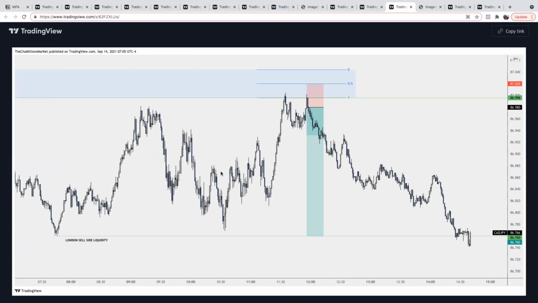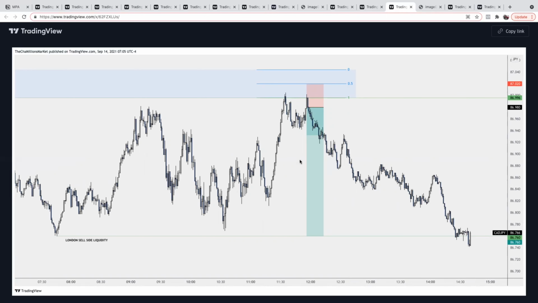Now my target was then London sell side liquidity. The reason being is because the catalyst that created this high was here, right? But now if we look left, and I can see that the retracement here was relatively deep, I wouldn't see any point in price coming back here and returning higher, right?